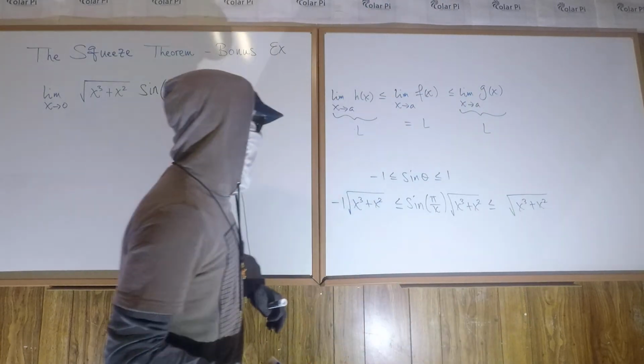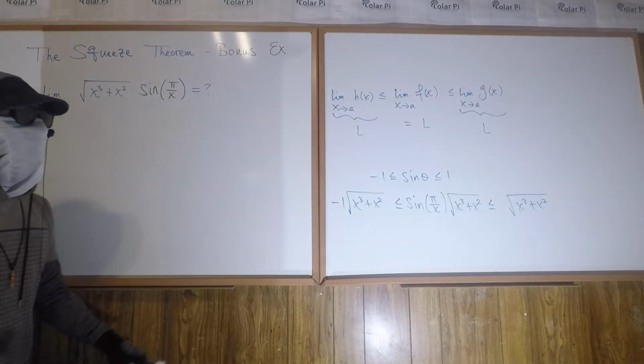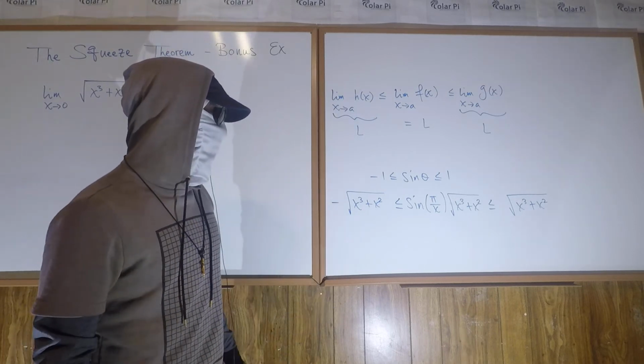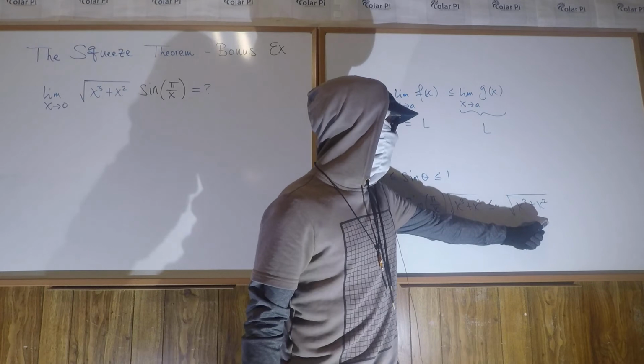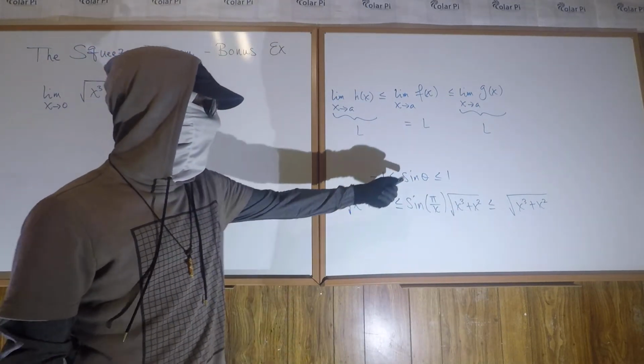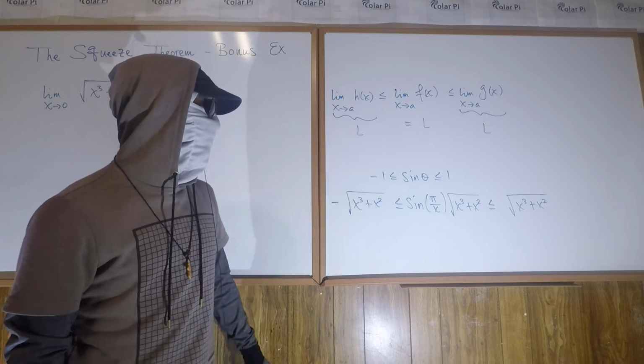I see that I have found my correct h of x, which is negative square root of x cubed plus x squared, and then g of x, which is that, and so I know f is squeezed in. And crucial to all of this was this inequality.